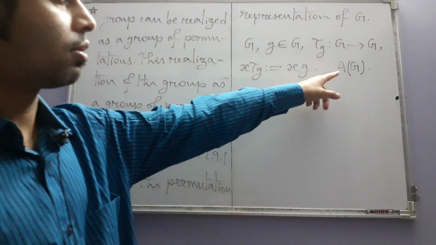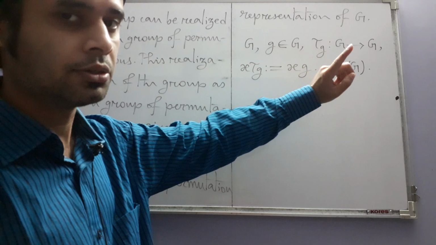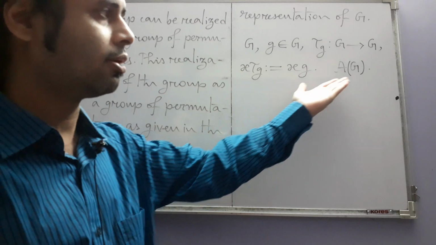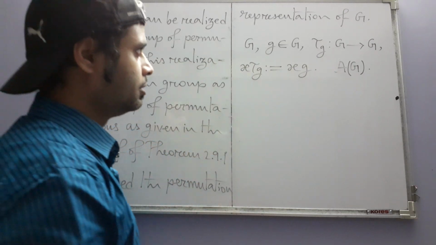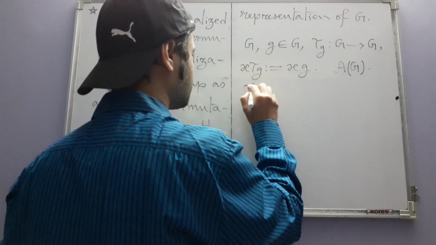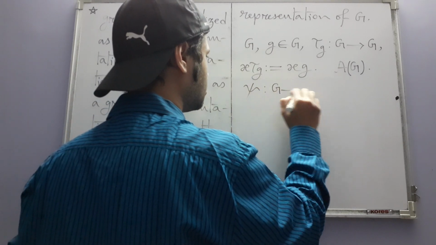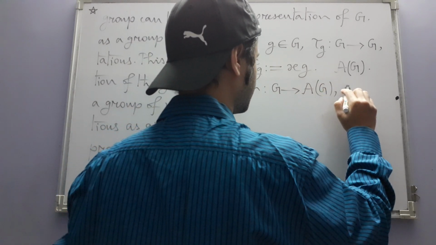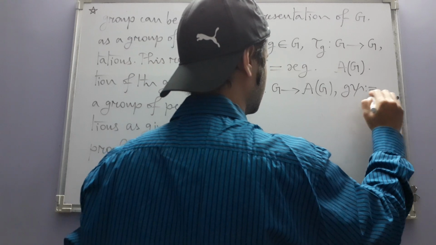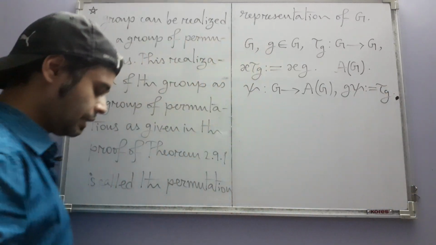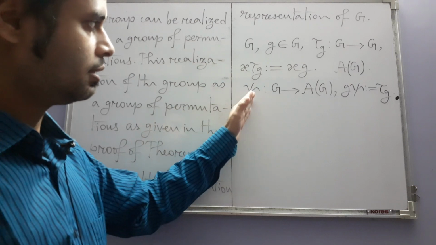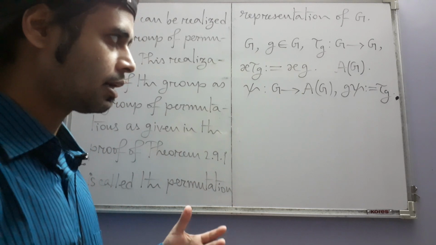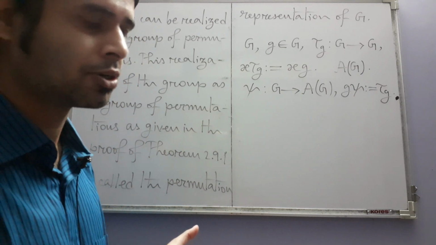that is the group of all one-to-one onto mappings from G to itself, and it turns out that our tau g defined like this actually belongs to A of G, and then this mapping psi which maps G into A of G given by this thing, it turns out that this psi itself is a homomorphism of G into A of G, which actually is an isomorphism, that means a one-to-one homomorphism.